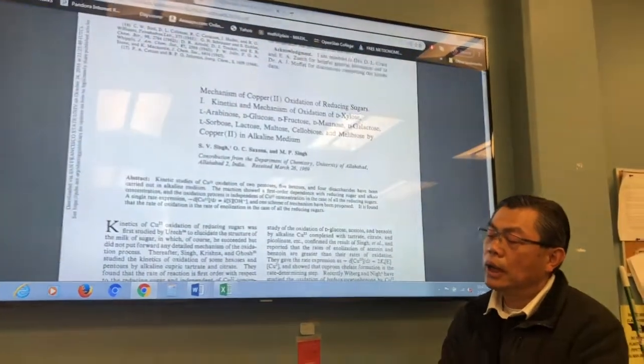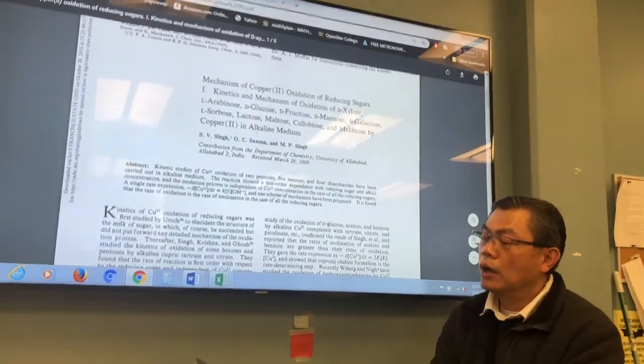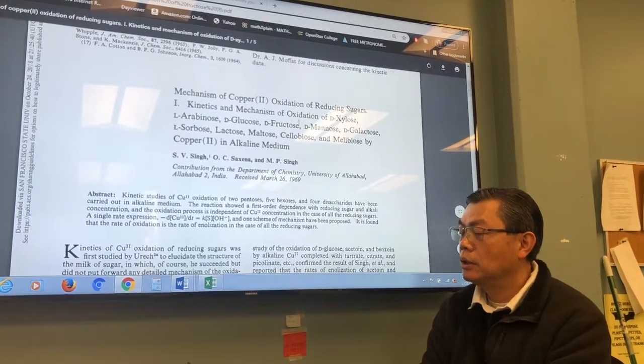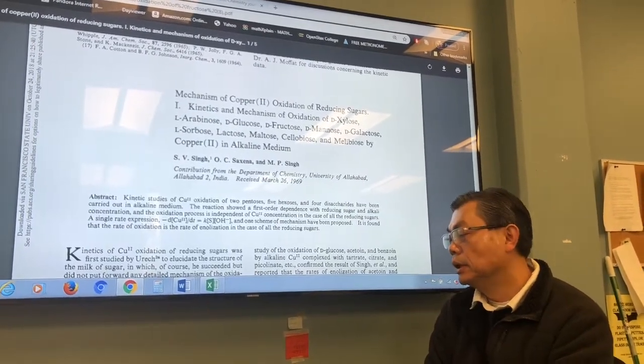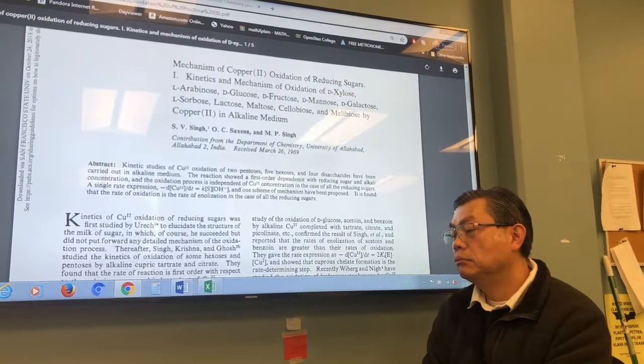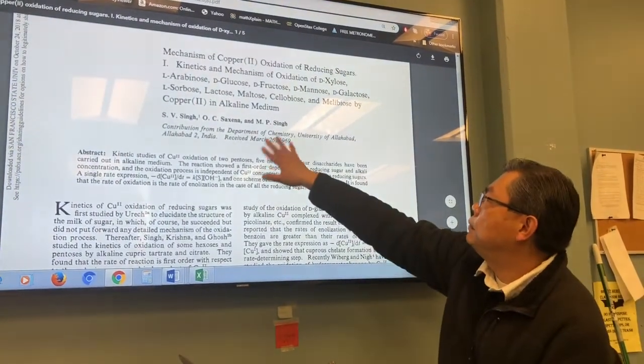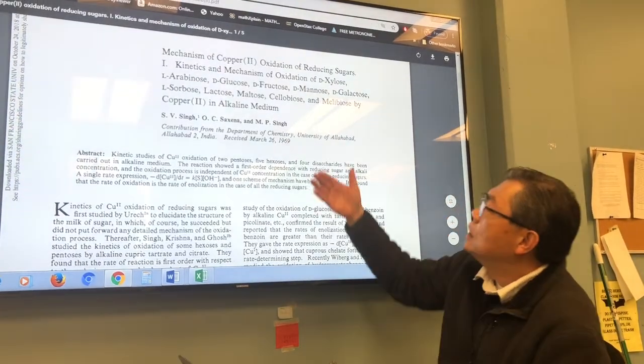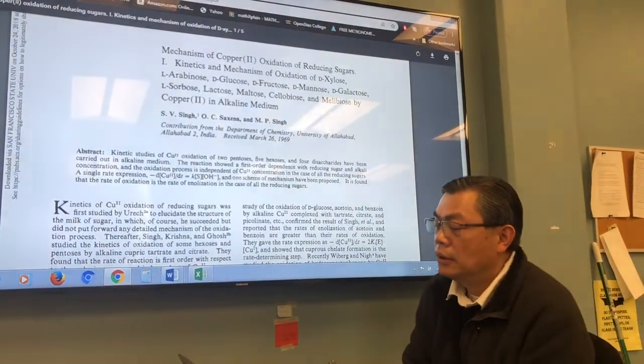So anyway, you can do the same, and one of the publications pops up, which is this one, oxidation of fructose, and it's quite a while ago, 1969. But anyway, here's the abstract they wrote.